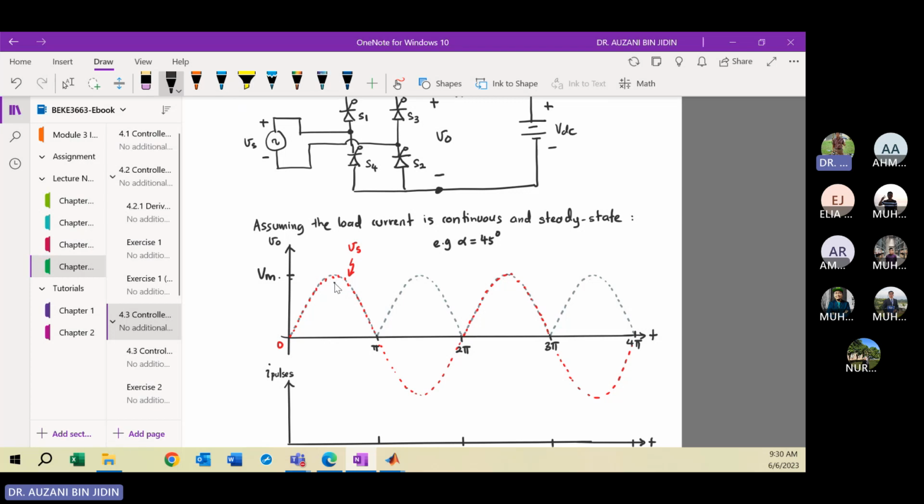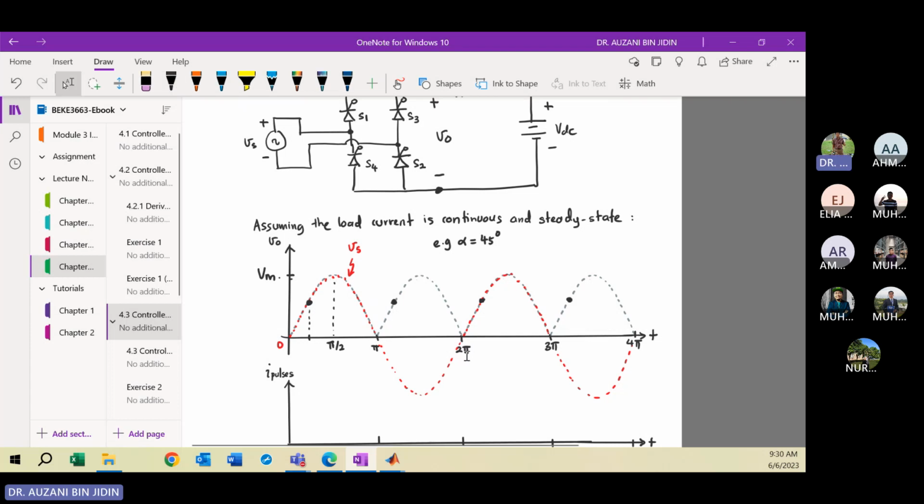So the peak of sine here will be pi per 2, 90 degrees. So your 45 degrees will be somewhere here, right? So this is the point. Okay, it means here, this point, and here.